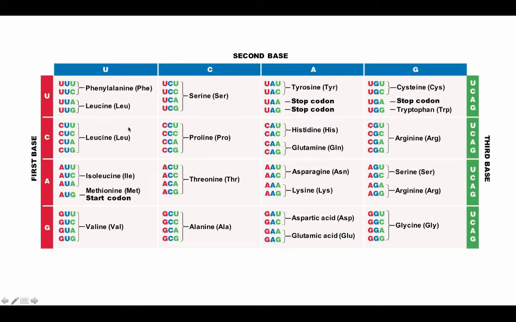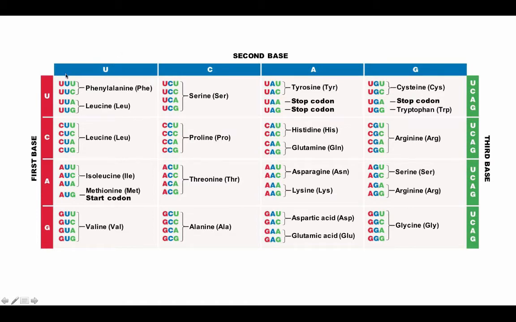The way you read this is along the rows, you have the first nucleotide in the triplet. So in this first row, the first nucleotide in all of these is U. Second row, the first nucleotide is C in all of these columns, A all the way across, and G. In each column, you're specifying the second base.